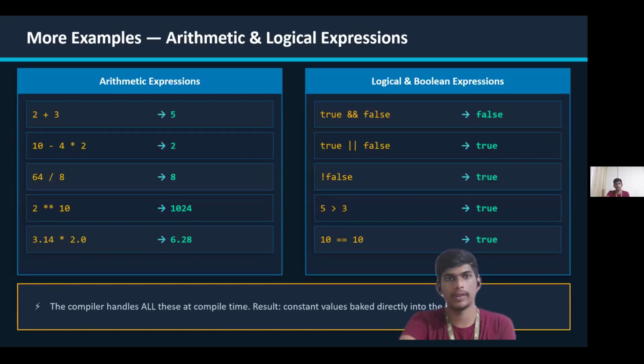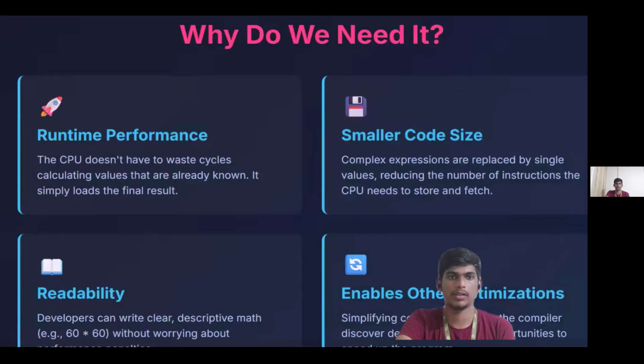Here are some more examples shown with possible arithmetic, logical and Boolean expressions. The compiler handles all these at compile time itself so that it doesn't waste time at runtime and waste CPU cycles.